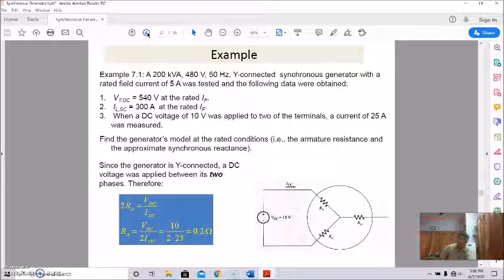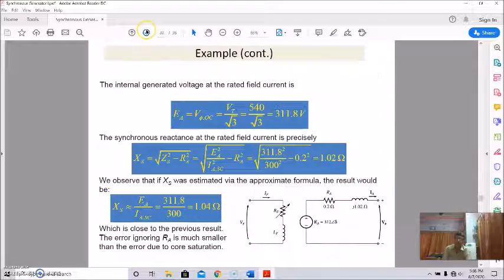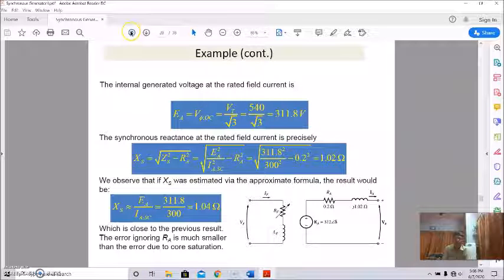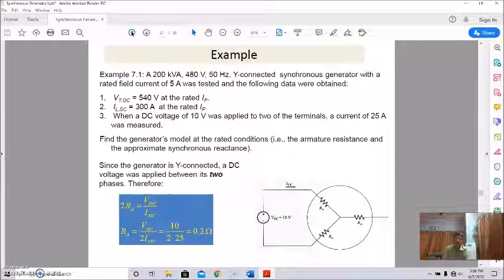So that's actually in a quick way, this is the equivalent circuit. So here we'll discuss some problems later on.